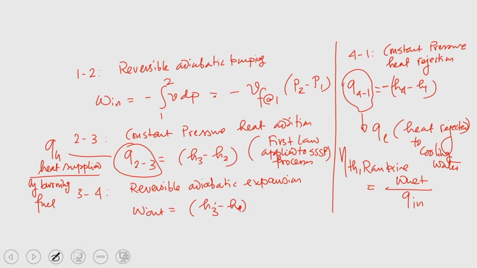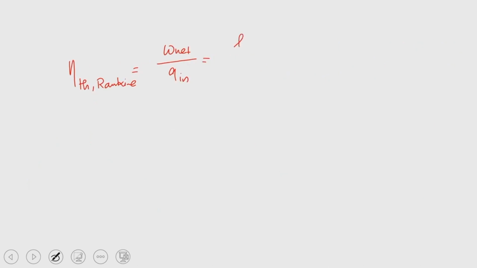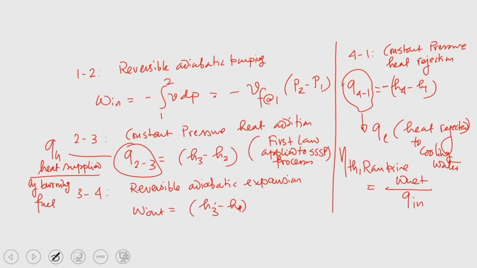So, we can see what is W net, that is H 3 prime minus H 4 prime, minus what is W pump.